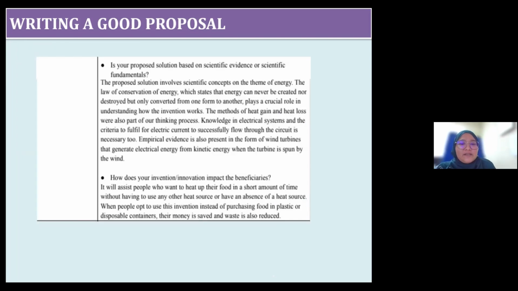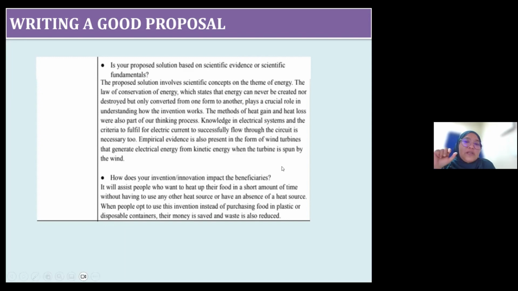Okay, so the next is whether your proposed solution is based on scientific evidence or scientific fundamentals. They already mentioned just now that kinetic energy becomes electrical energy and then thermal energy. So it is a scientific concept, on the theme of energy.